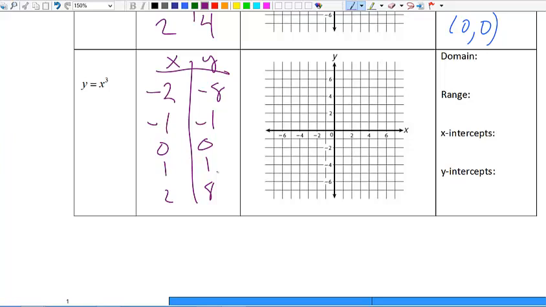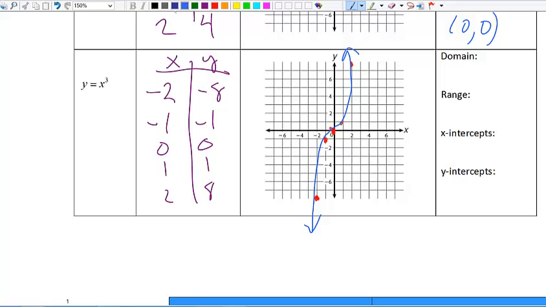Then I plot those points. We have the origin, -1, -1, and -2, -8, a little bit off of our graph, right there at the edge. So maybe not off. Then 1, 1, and 2, 8, all the way up there. Connecting all of these points together, we get kind of this S-looking shape.